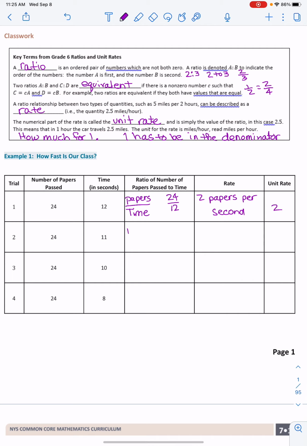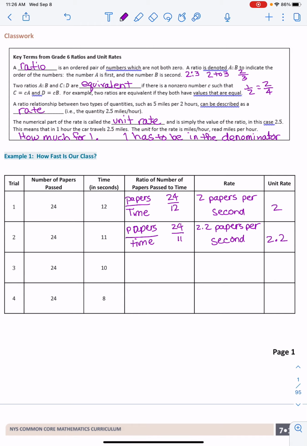If we then did the papers by time, and we did pass the 24 in 11 seconds, we then would have 2.2 papers per second, or a unit rate of 2.2.